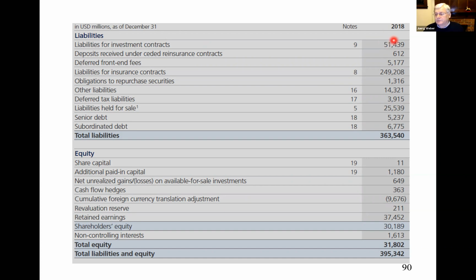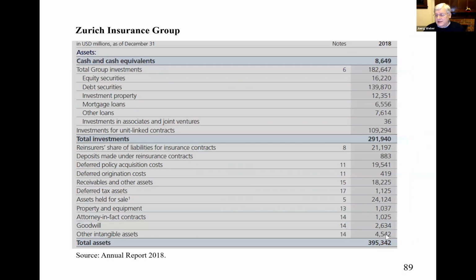Now, those are the total liabilities. Now the balance sheet total is 395. The liability is 291. So the difference here is again a buffer between assets and liabilities, and that's what belongs to the shareholders. That's again the equity.